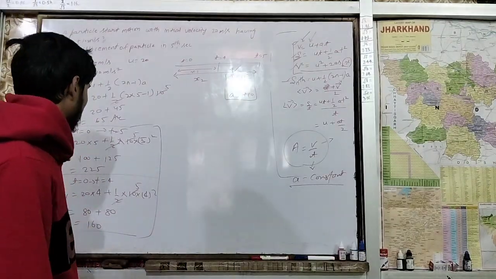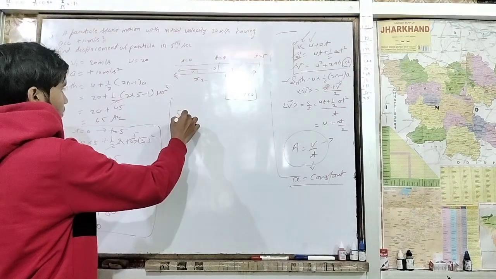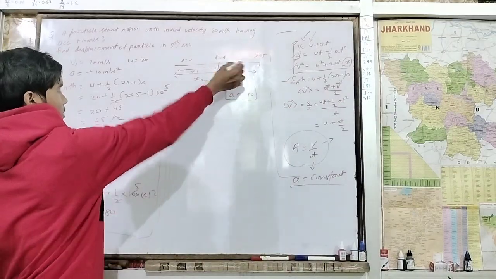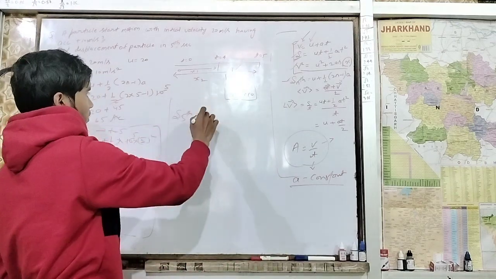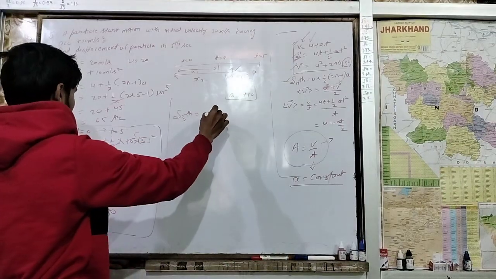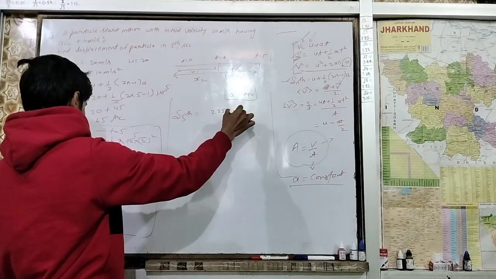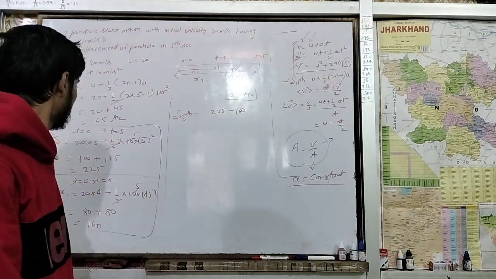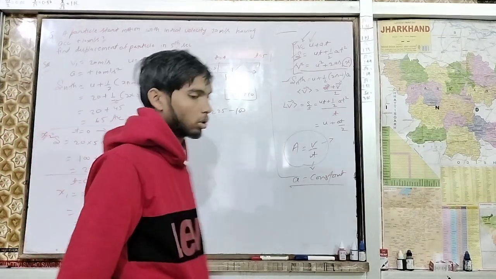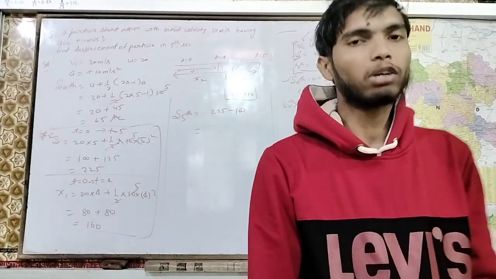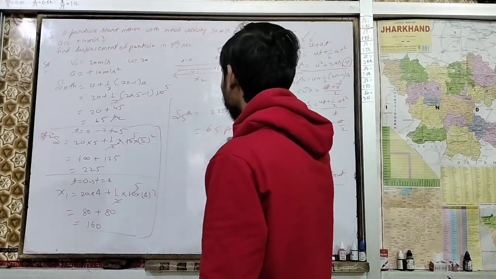So finally, in this fifth second, our displacement would be nothing but 225 minus 160, you will get how much? 65, this is coming 65.